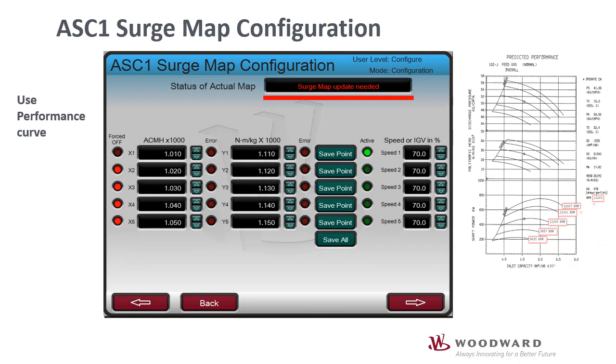For this, if you remember, we selected 5 points for the surge map. On your compressor map, select those 5 points. Start from the lowest value. Remember that if you want to be conservative, then your calculated or noted point should be just before the actual point, so that you get a more conservative surge line.